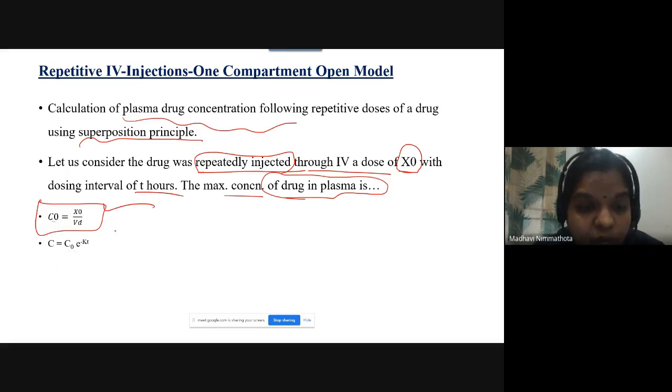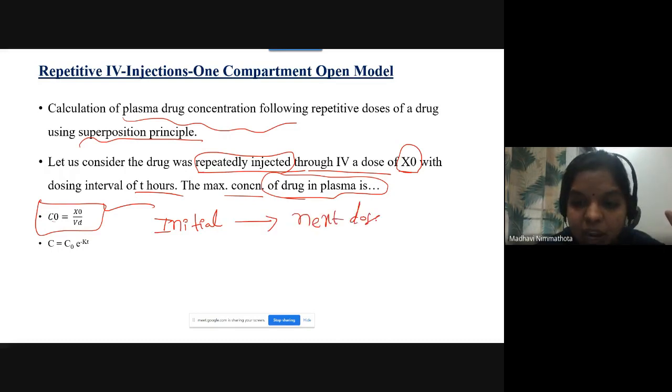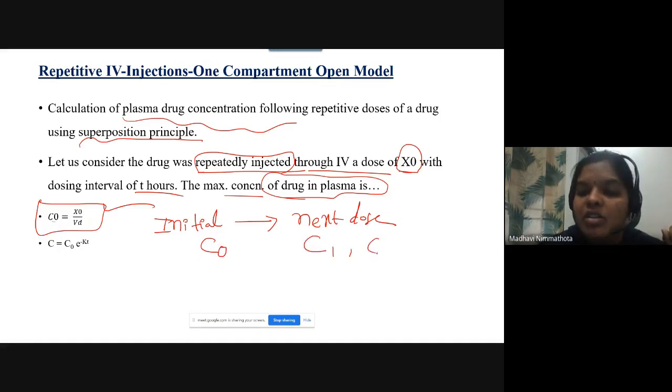Here we are calculating the repetitive drug remaining in our body. For that reason, we have to take into consideration the initial administered dose and the next dose. So here we are taking the initial administration and the next doses C1, C2 or Cn, and for that we are taking only C. C is equal to C0 into e to the power of minus Kt.